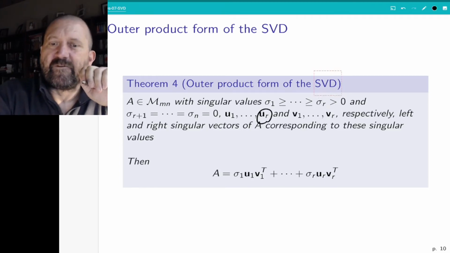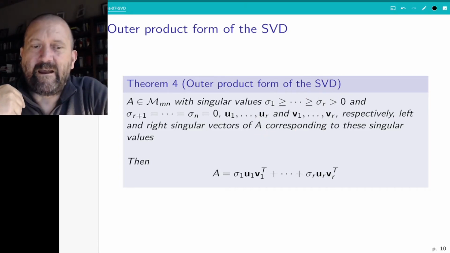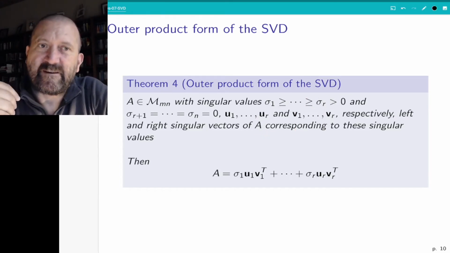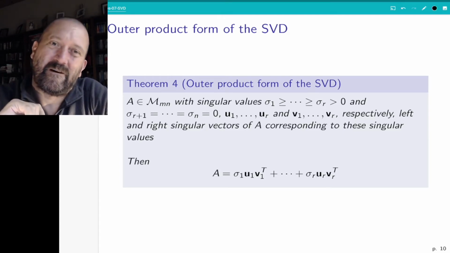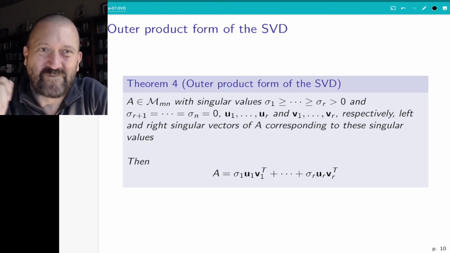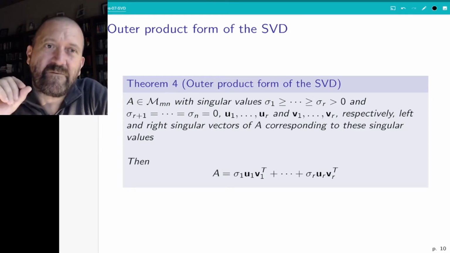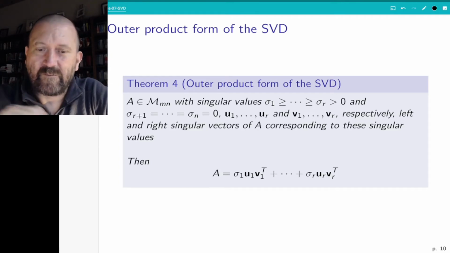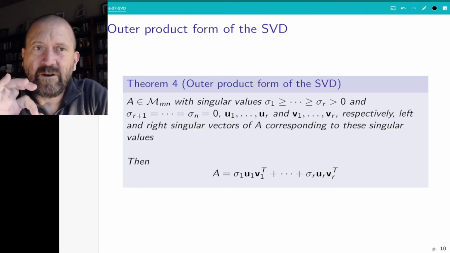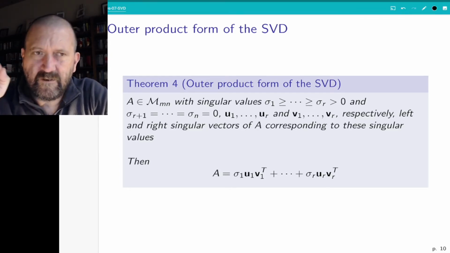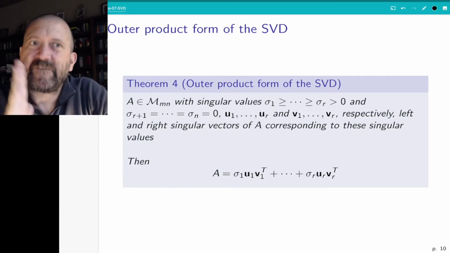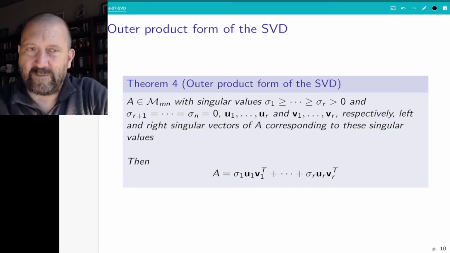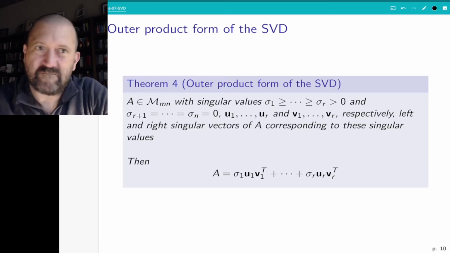Okay, so when I have this, then I can write the matrix A. This is somewhat magical, and we'll use this in an application soon. I can write the matrix A the following way. It's sigma 1, the first singular value, times u1, the first left singular vector, times v1 transpose, the first right singular vector transpose.